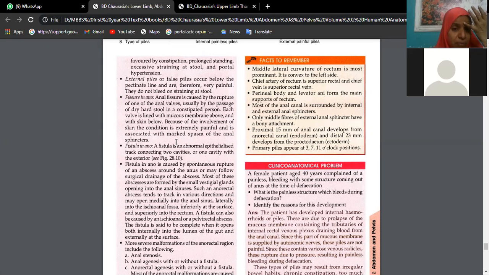Okay, fistula is a new channel or new passage or new canal which is tracking downwards. See, an abnormal epithelial tract connecting two cavities, or one cavity with the exterior. That means in the anal canal, a new passage is developed and it is opening outside through the skin. That is fistula in ano.